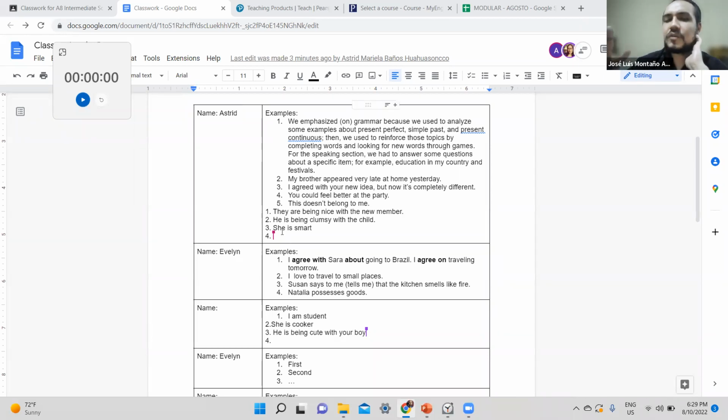You can explain the two in one explanation. She's smart and they are lazy. Why did you decide to use that form of the verb with the last two examples?